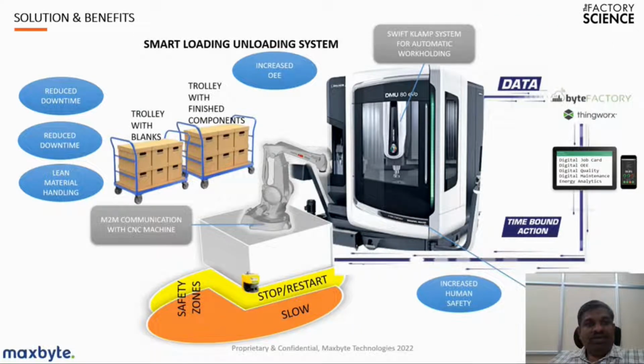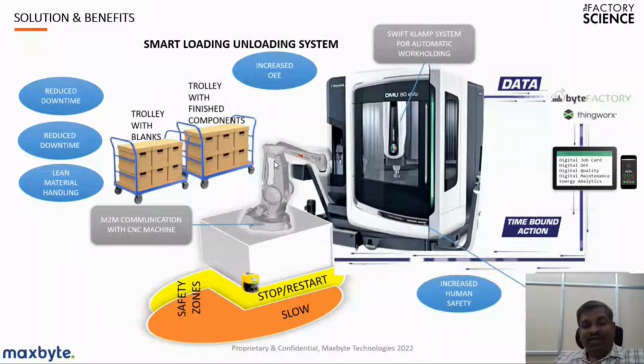Coming to the solution for this manual loading and unloading problem, we have a typical solution for machine loading and unloading. Here there will be a CNC machine, and in front of that, we'll have a robot or cobot. When the parts are heavy and difficult to handle, we'll go for a robot.